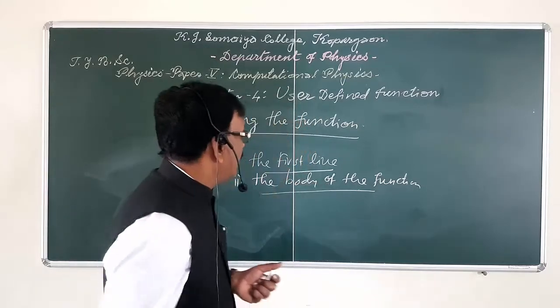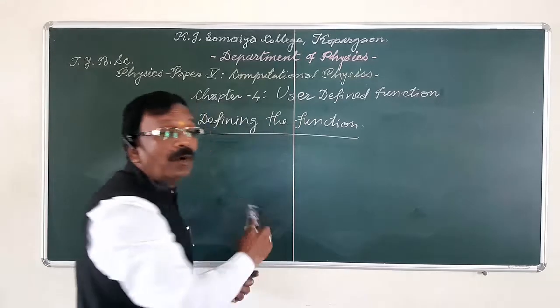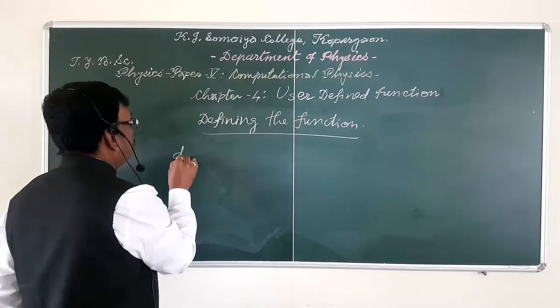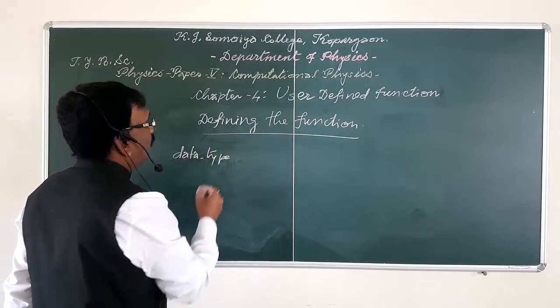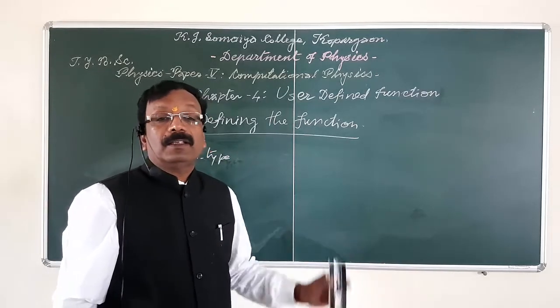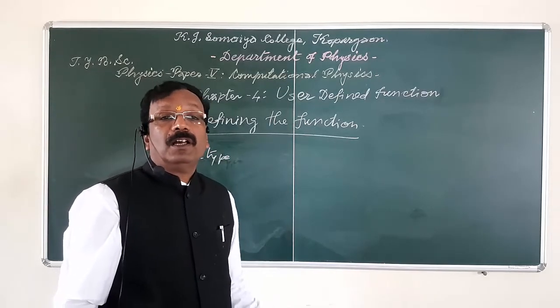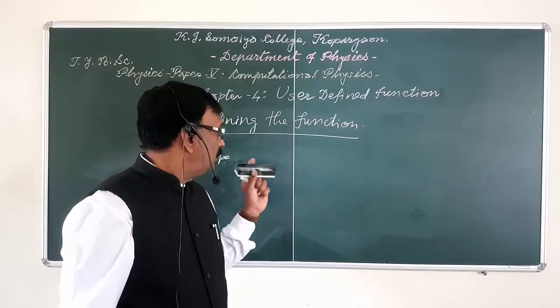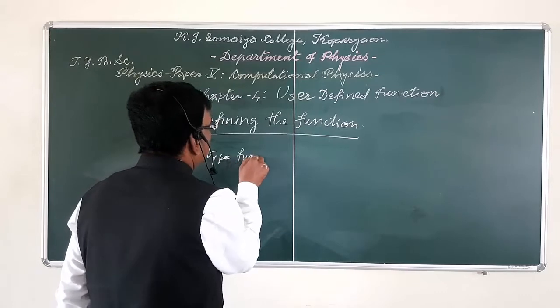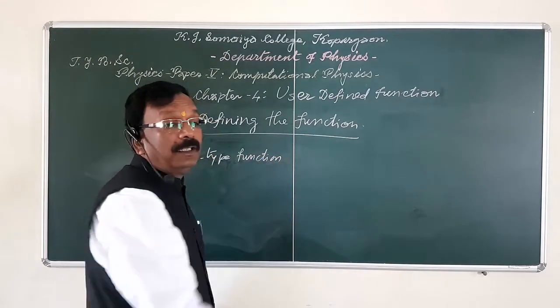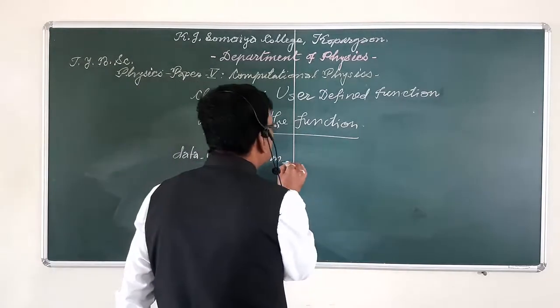Now in general, how do we define the function? Data type, for example. This is the type of the function. Then name.